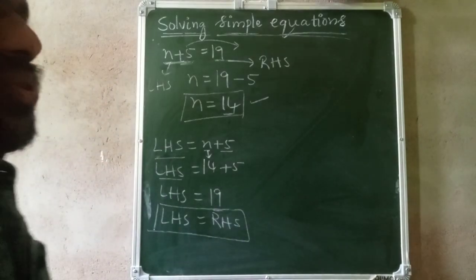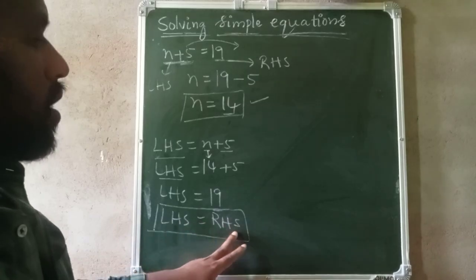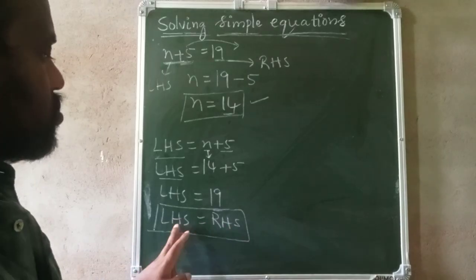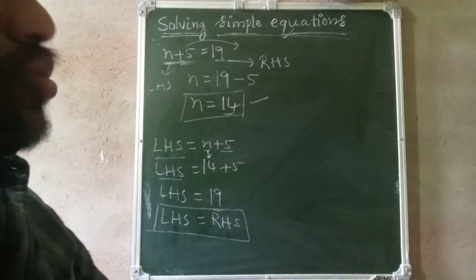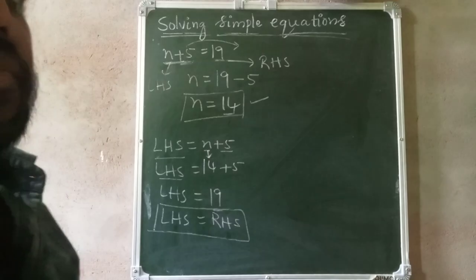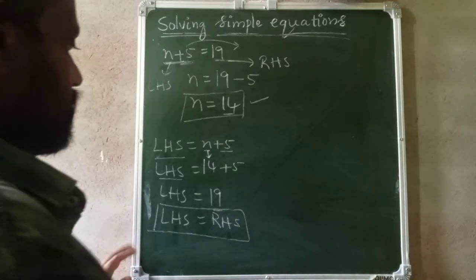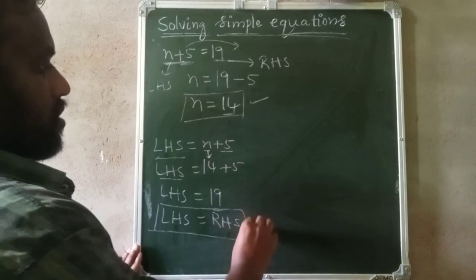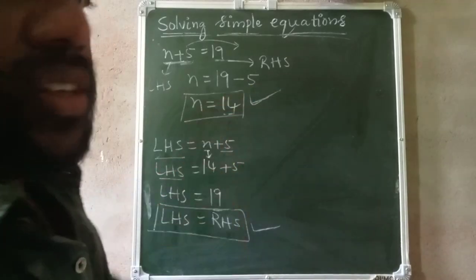Okay. So remember, when LHS is equal to RHS, it is understood this n is equal to 14 is correct. Okay. Since LHS is equal to RHS, n is equal to 14 is correct answer. So this answer is correct.